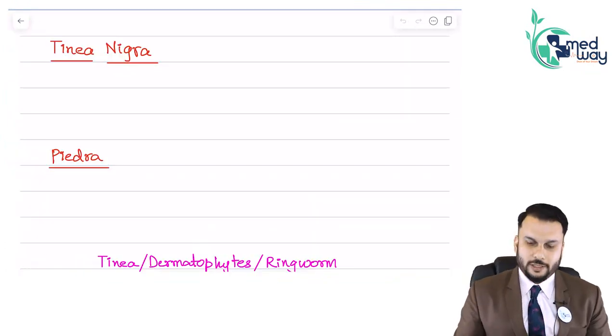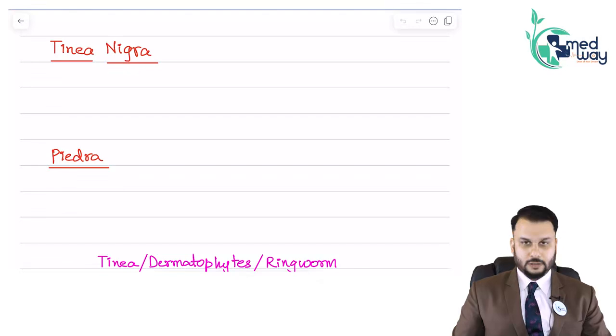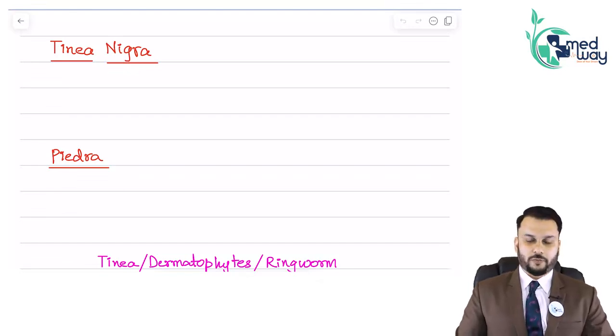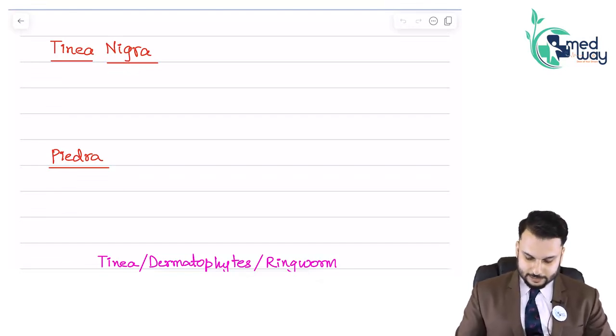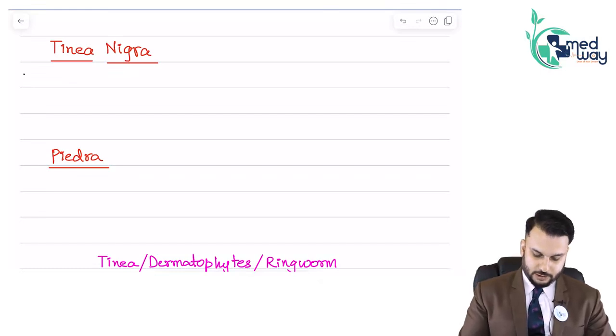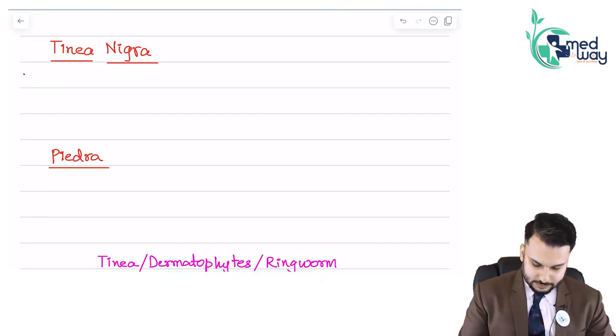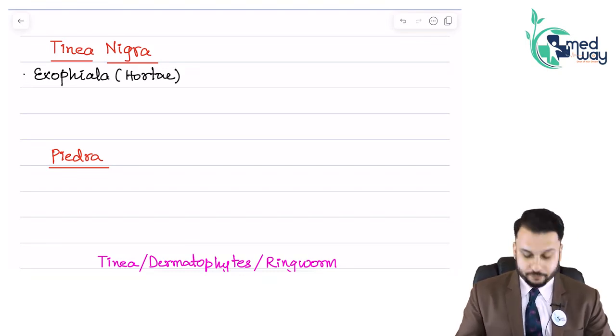Okay, so the next type of tinea, as you can see, is called Tinea nigra. And this infection is caused by one fungus, which goes by the name of Exophiala, which is also known as Hortaea werneckii.